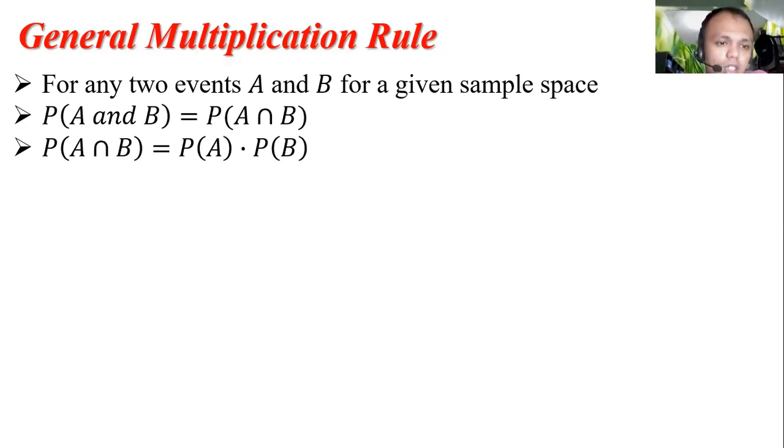The intersection of A and B is equal to the probability of A times the probability of B. So it is multiplication instead of addition, unlike in the general addition rule.